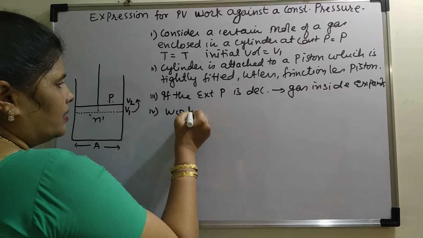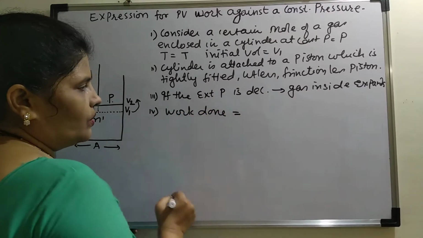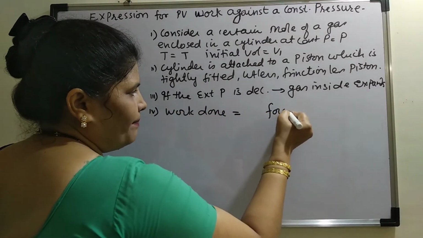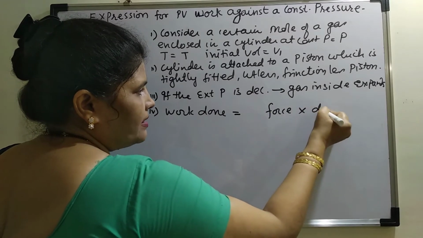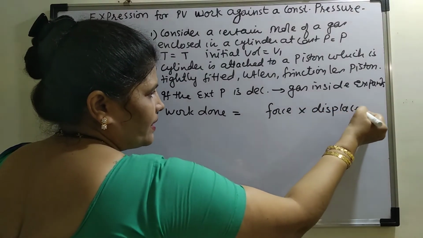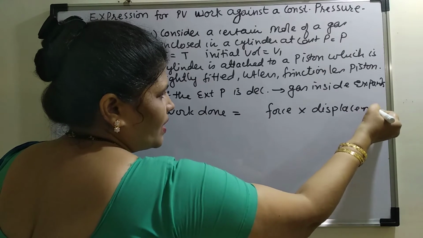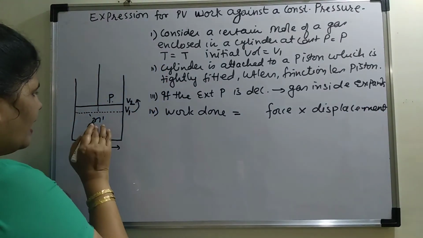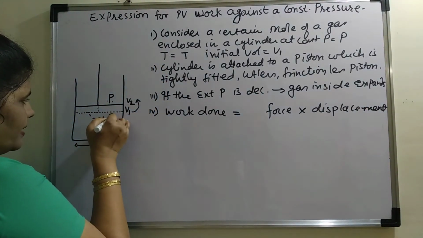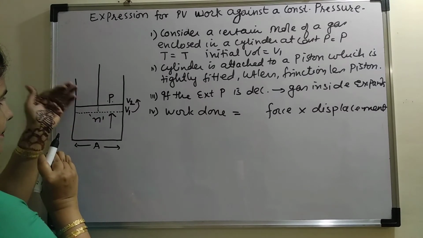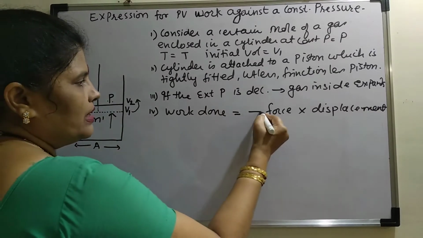The work done is equal to force into the distance or displacement. Very important to note here, the force, which is the pressure, is against the applied pressure, so I will use the negative sign convention.